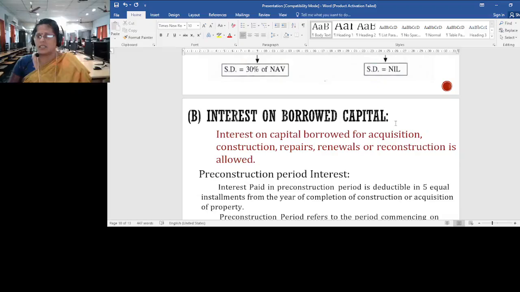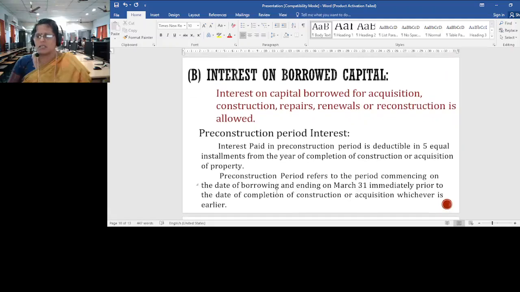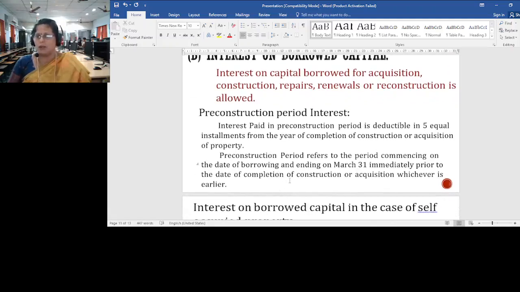The second deduction is interest on borrowed capital. If it is self-occupied property or a let-out property, you may calculate pre-construction period interest. That pre-construction period interest may be claimed in 5 equal installments, right?